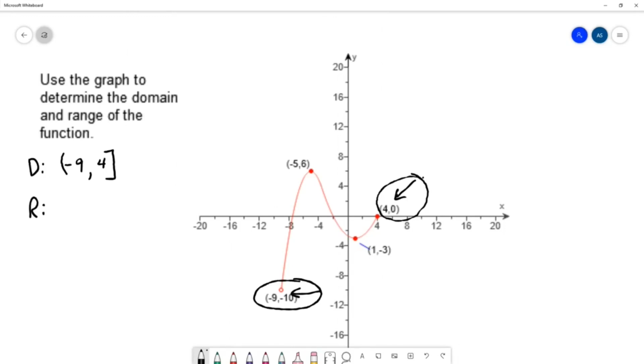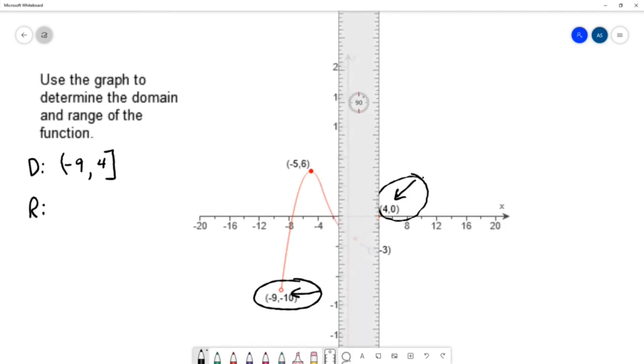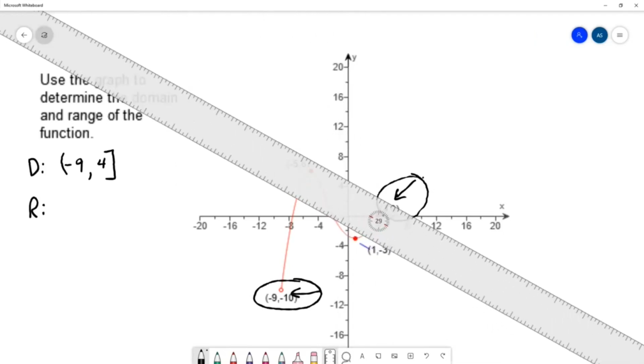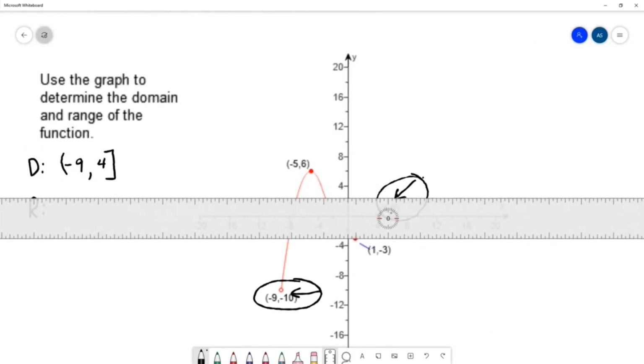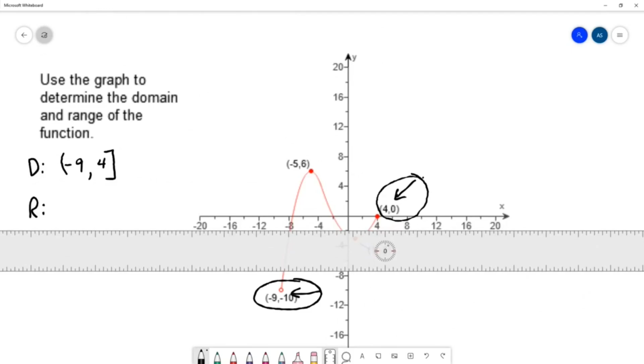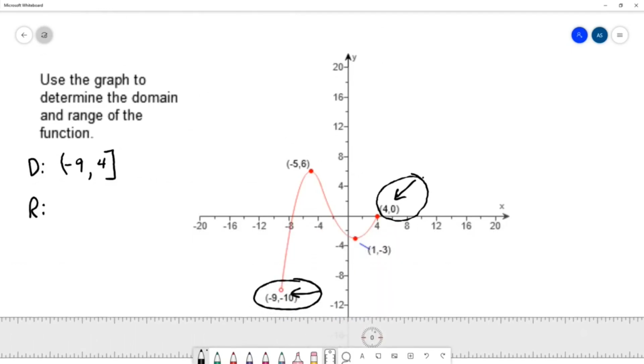Then we're going to find the range. And with the range, I want to hold my ruler horizontally because that will point to the y scale. And we're going to start at the bottom and move to the top. The bottom has the lower y values, the top has the higher y values.